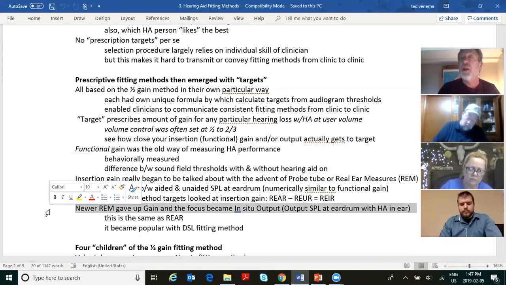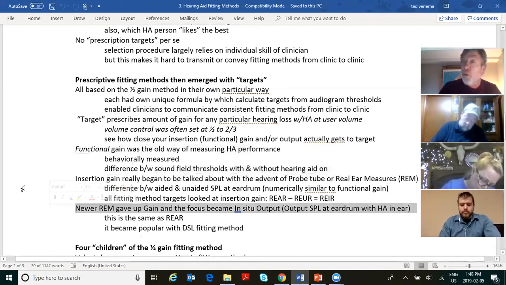And today's Real Ear is called speech mapping. So old fitting methods, new fitting methods. Old Real Ear, new Real Ear. Always remember there's the old and the new, and they're wrapped around each other like carrots, because the old fitting methods began to dump functional gain and use Real Ear.